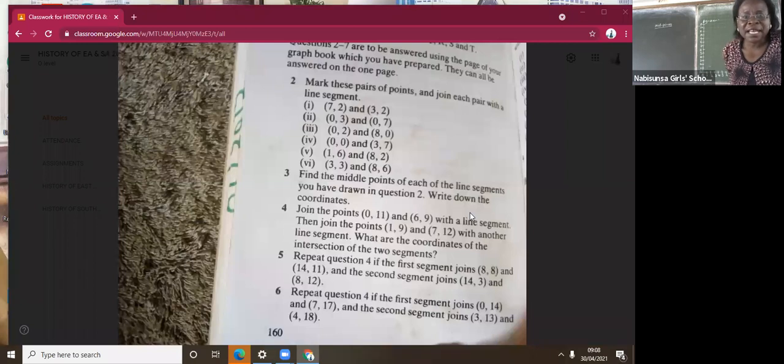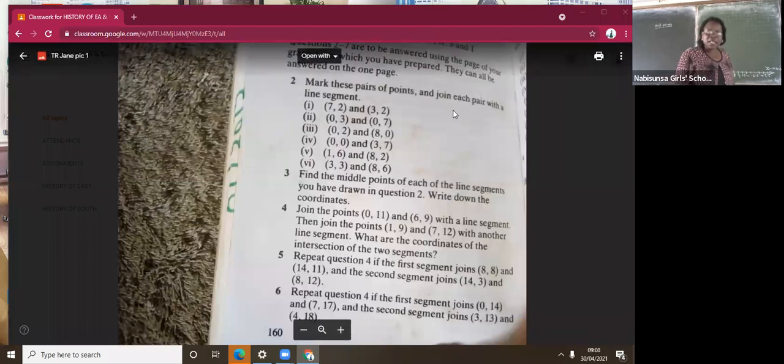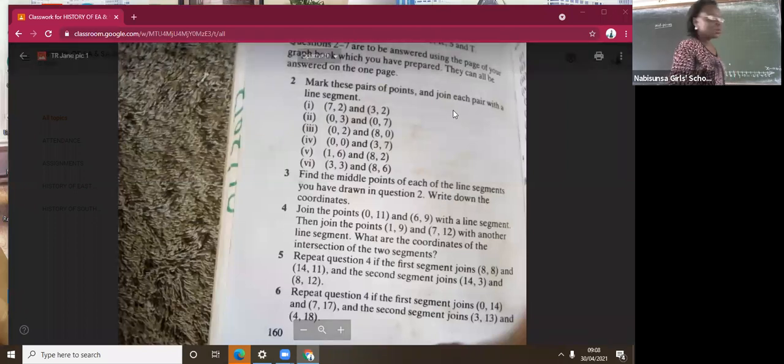Remember, it is always the x coordinate first, followed by the y coordinate. So for (7, 2), 7 is the x coordinate, while 2 is the y coordinate. So we have 7 on the x-axis, 2 on the y-axis. That is the first point. Then the second point is (3, 2): 3 on the x-axis, 2 on the y-axis.